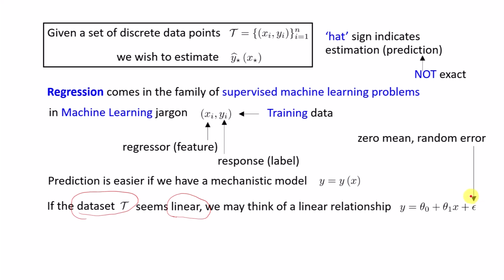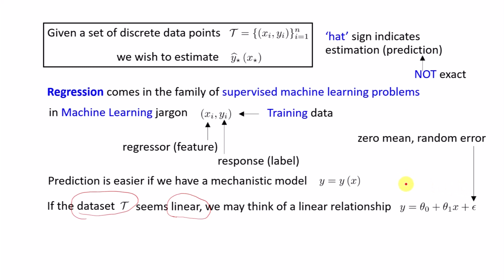It is beyond the scope of the experimentalist. It is given by many different independent phenomena. Epsilon is not only a zero mean random error, it is also independent of x. The discussion of the nature of this error is more a part of statistics. We will not go into detail on this.